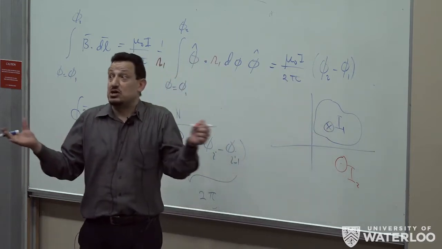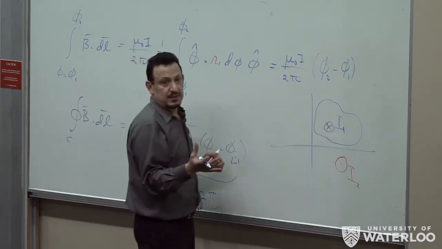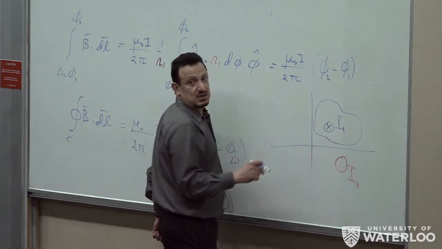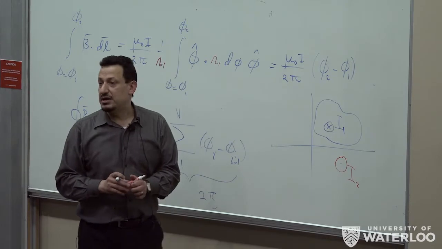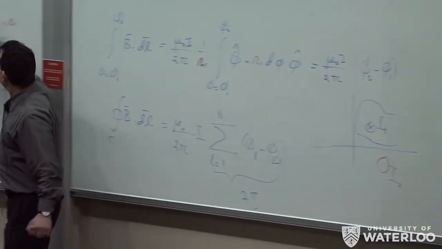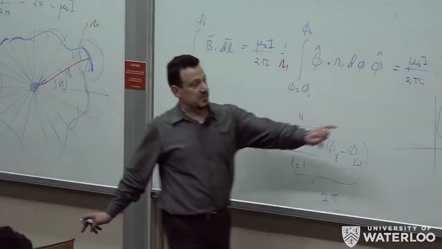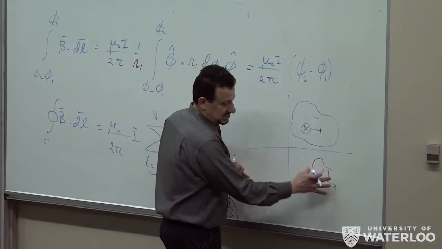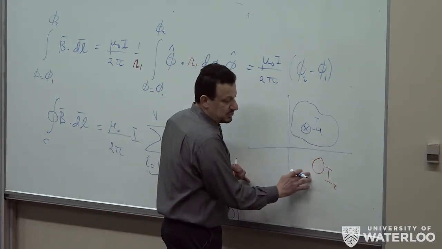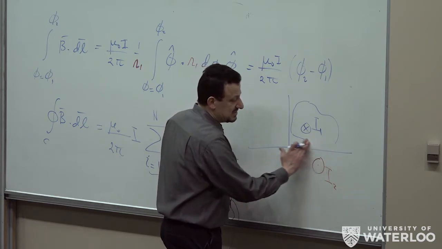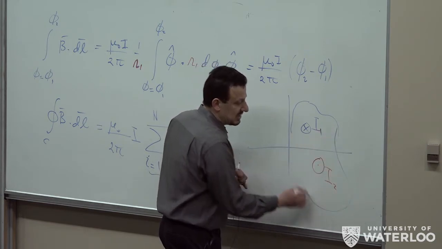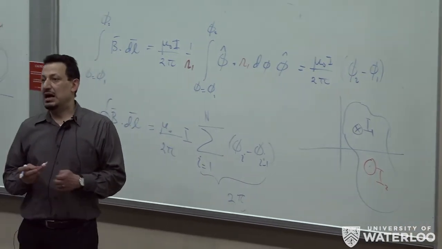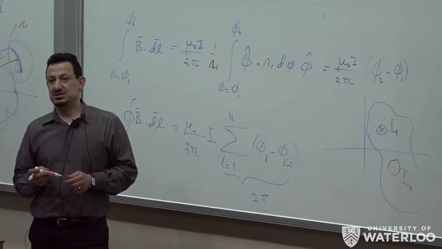I don't know what caused that B. I integrate that B along this contour, I will end up with 2 pi, mu naught multiplied by which I? The blue I. If I do it here, just enclosing this, I will get mu naught I2. But let's say I take a contour that goes like this. I will end up with 0.